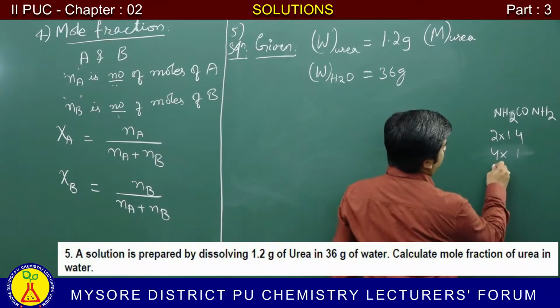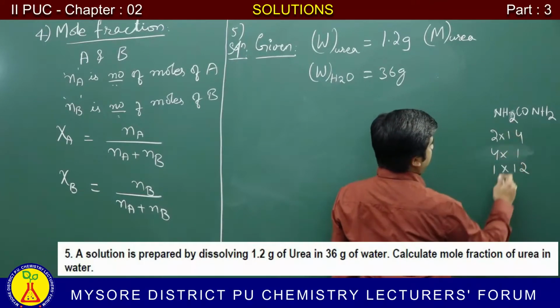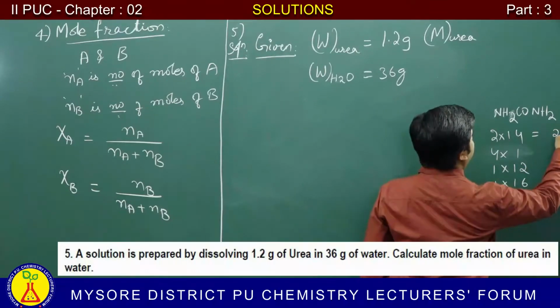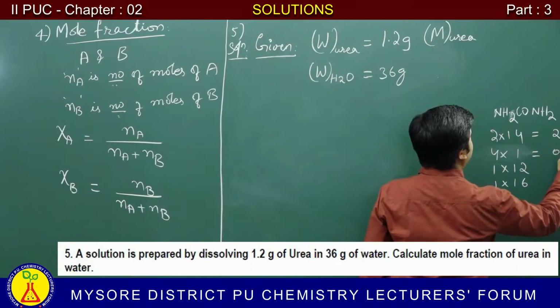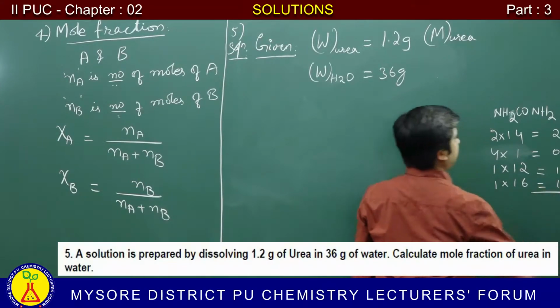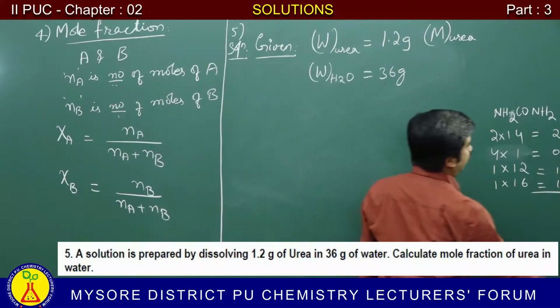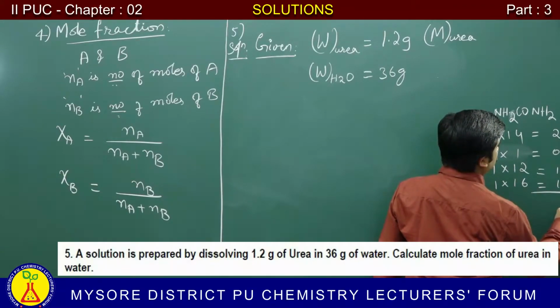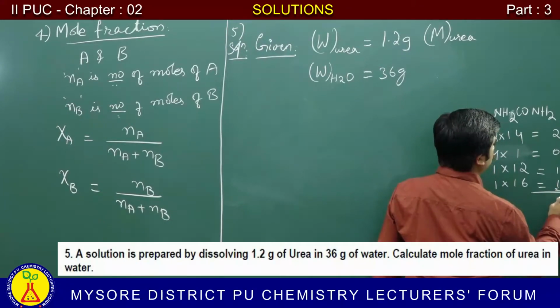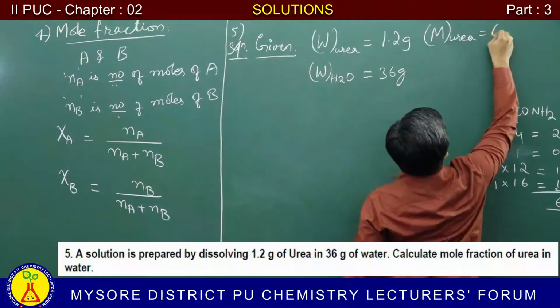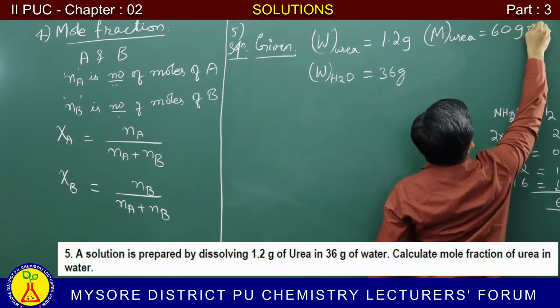Then carbon, we have 1 carbon, and oxygen 1 × 16. This is 28, this is 4, this is 12, this is 16. If we add up, we get 60. So molar mass of urea is 60 gram per mole.